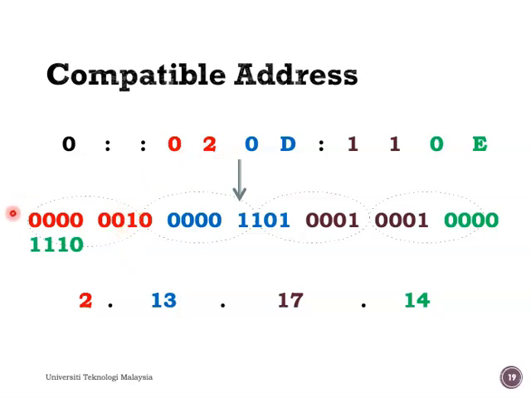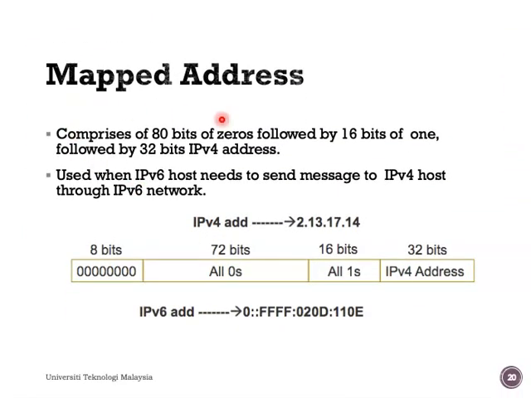Here is the conversion from hexadecimal to binary digits to decimal: 0D here is in hexadecimal, this is in binary, and this is in decimal. So you need to know how to convert between these different numbering systems: hexadecimal, binary and decimal.